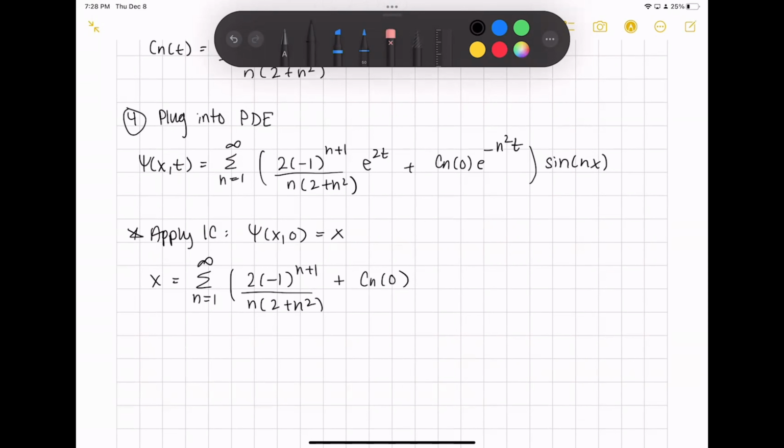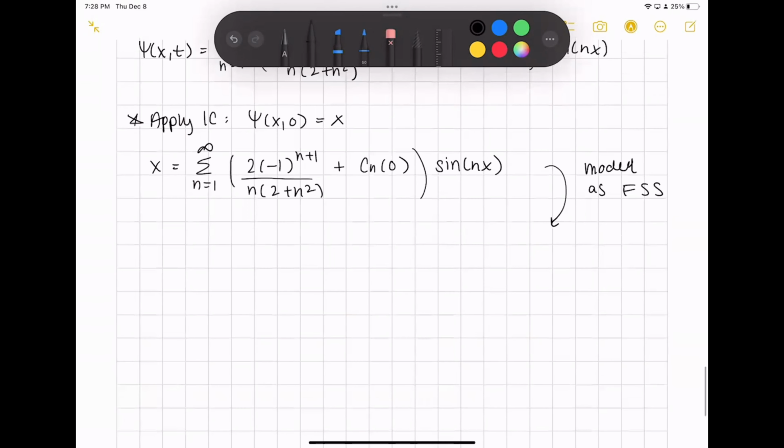So if I plug in t equal to 0, I'm going to get this. And we know we can model this as a Fourier sine series. So we will have this.